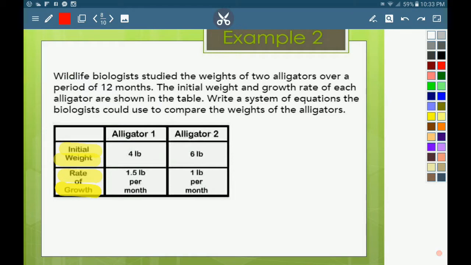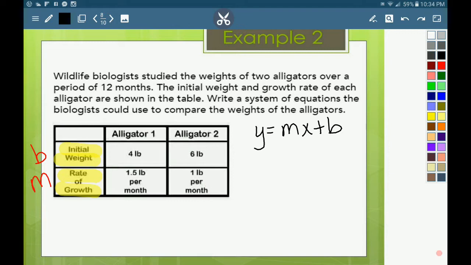I'm going to label that in the table. So this is the y-intercept, and this is the slope. So we're going to be constructing 2 equations in the form of y equals mx plus b. We're going to be constructing equations in other forms as well, but if you recognize the titles indicating a y-intercept or a slope, that's what should be coming into your mind.